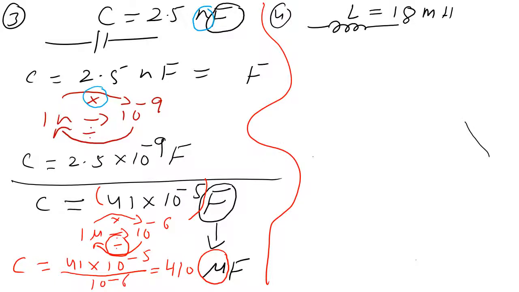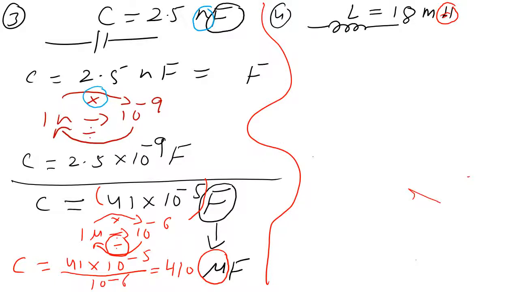So the value should be in Henry, this H. For this case, this is milli.